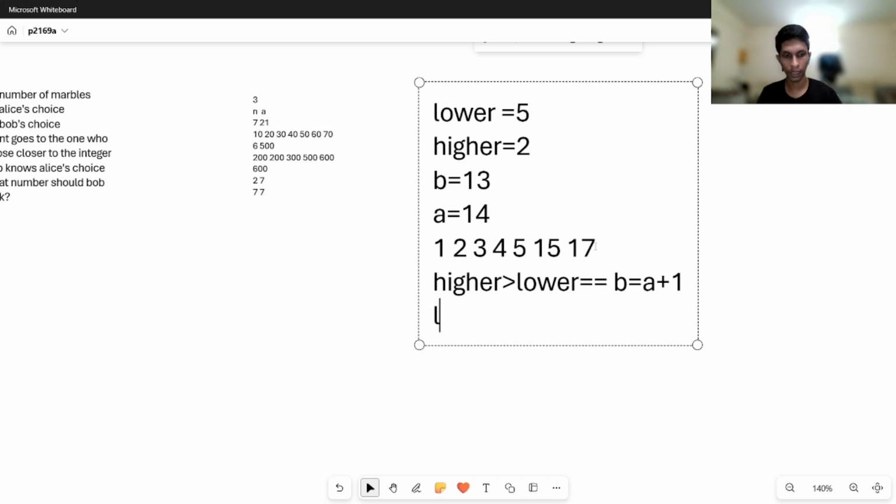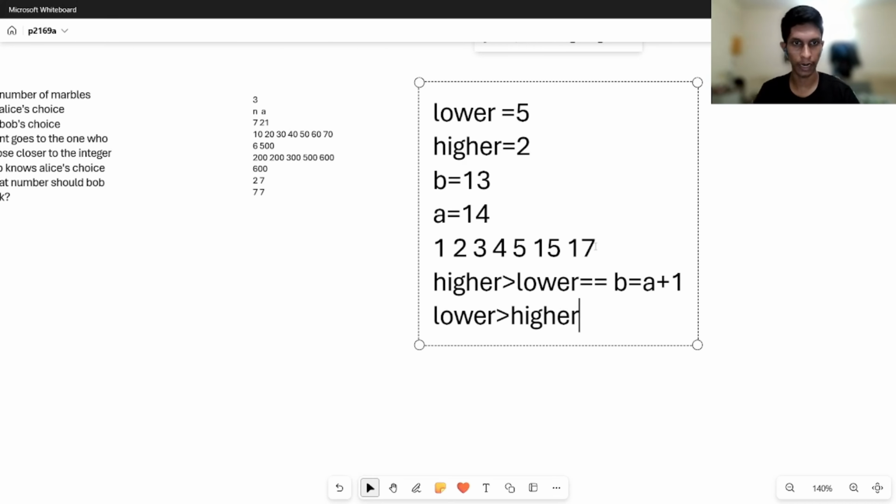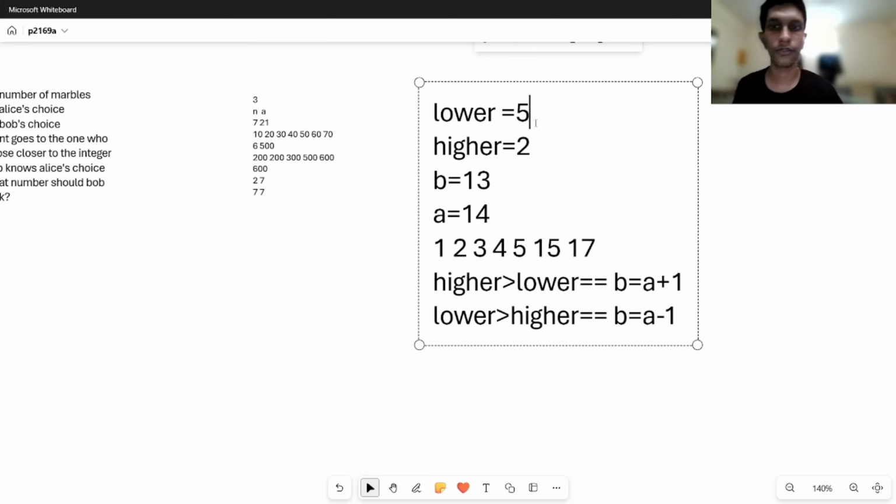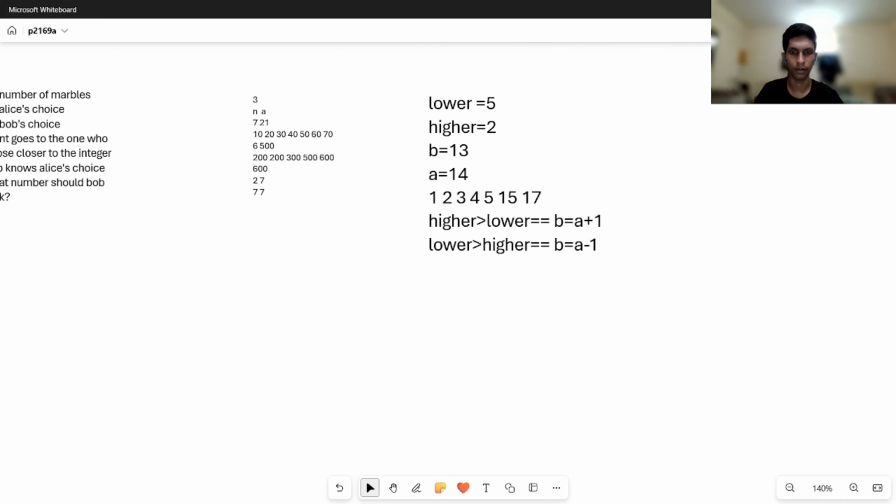And if in some test case lower count is greater than higher count, then Bob's choice will be one less than Alice's choice. As we have seen here, if we choose 13, which is just one lower than Alice's point 14, we'll get all the 5 points, and Alice will end up with only 2 points and we will win. So this is all the logic for this problem.